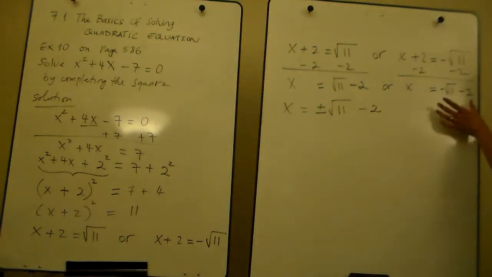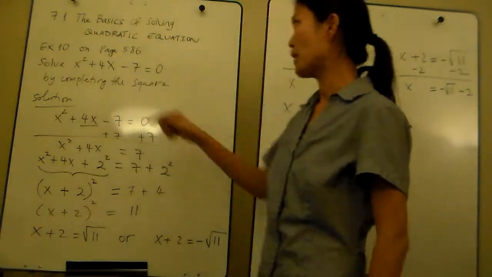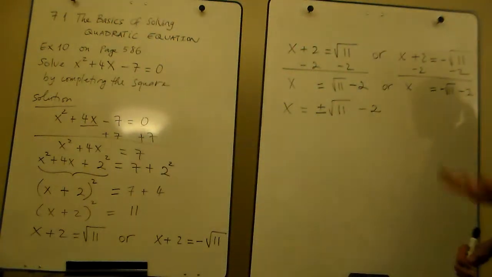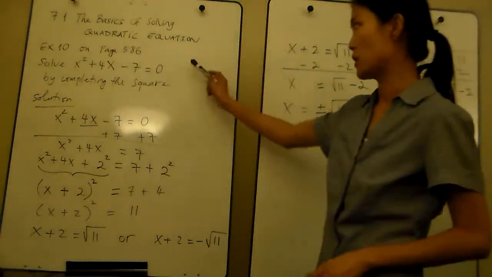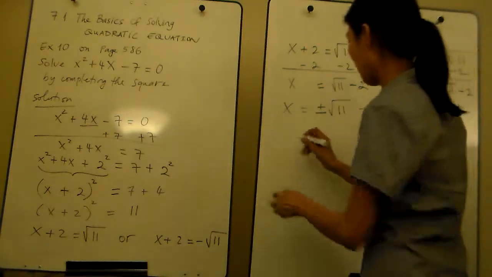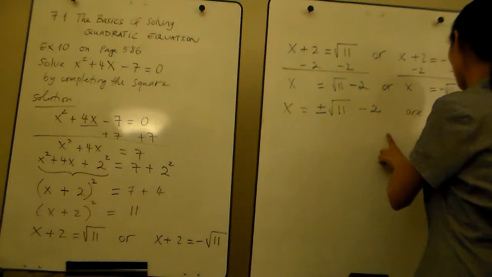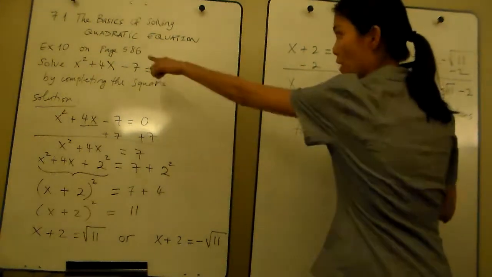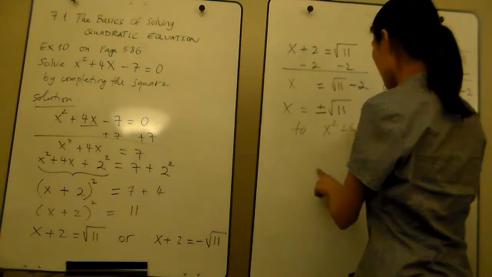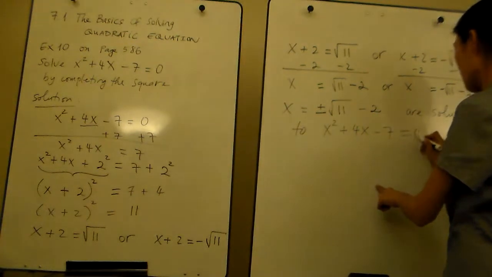And similarly, if you substitute this x into this equation and simplify, you would get the left-hand side equal to the right-hand side. So actually, these are the two solutions to this equation. So you say, these are solutions to the equation x squared plus 4x minus 7 equal to 0.